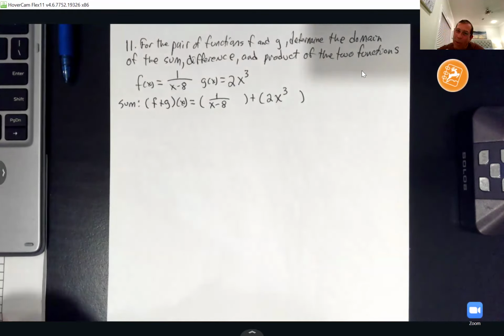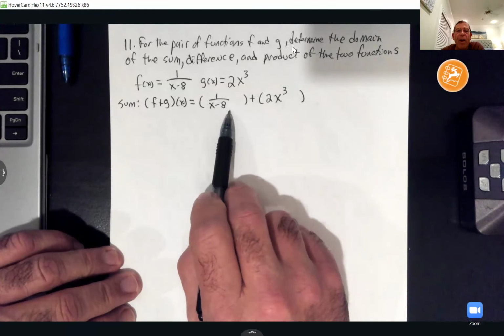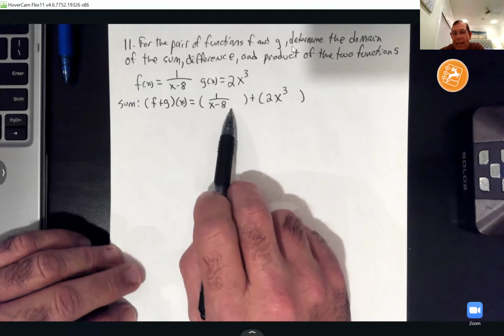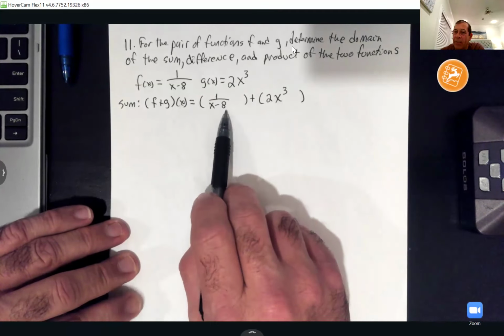So I'm doing a domain problem. And if you notice, the one thing I'm worried about in domains, I got a fraction here. So since I got a fraction, this denominator cannot equal 0.